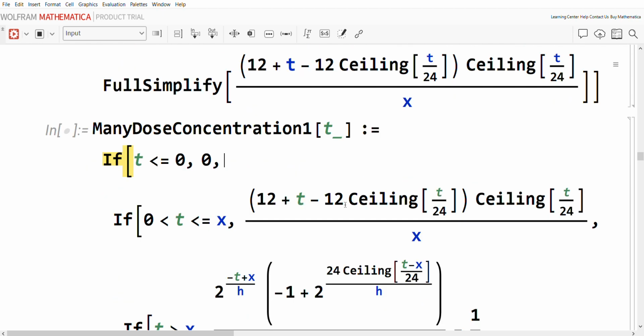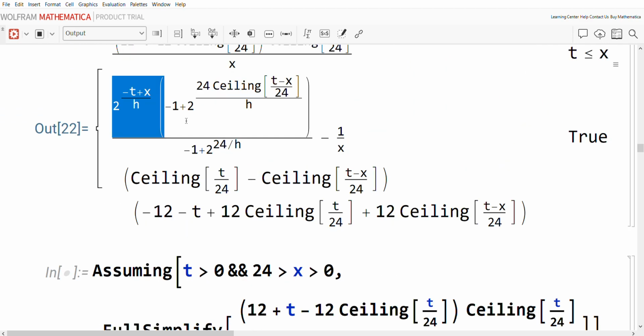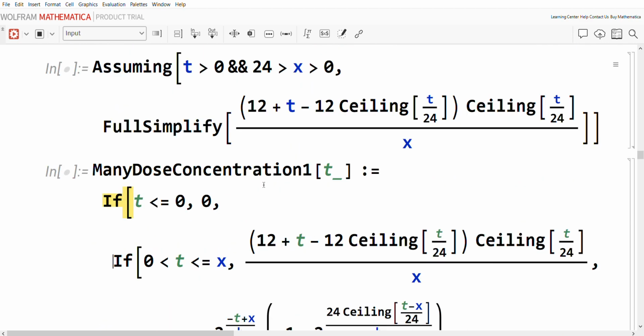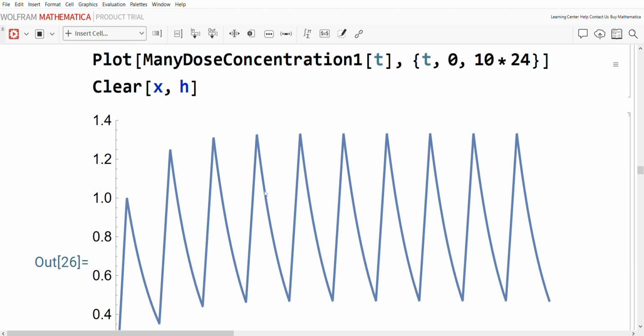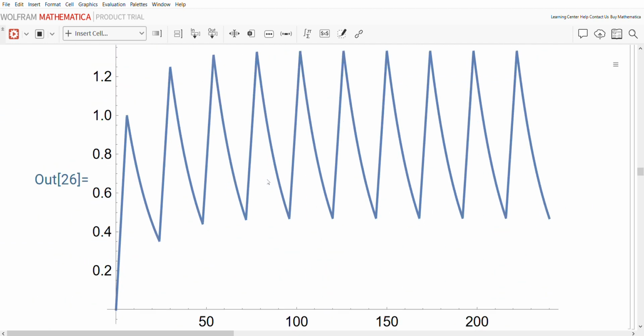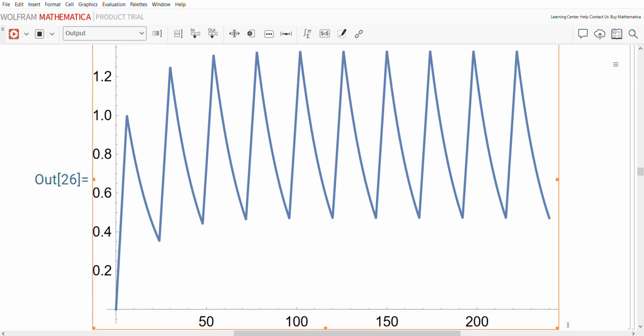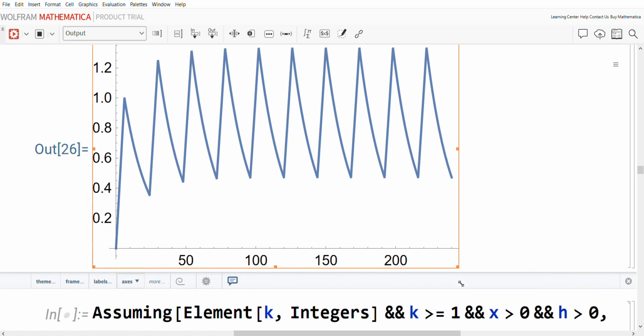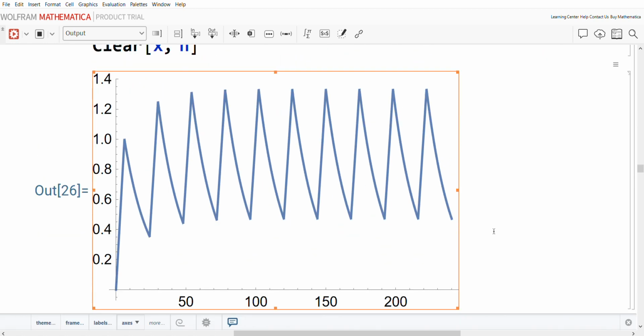So then I just copied these results and put it here. I'm just going to run that, and what this is showing is, when time equals 0, time is the horizontal axis. These are hours, so 50 hours, 100 hours, 150 hours.